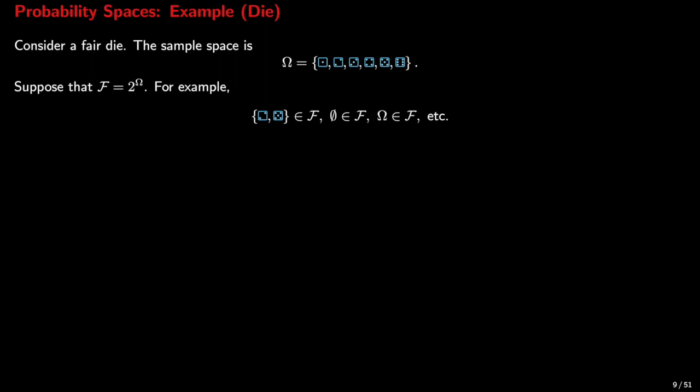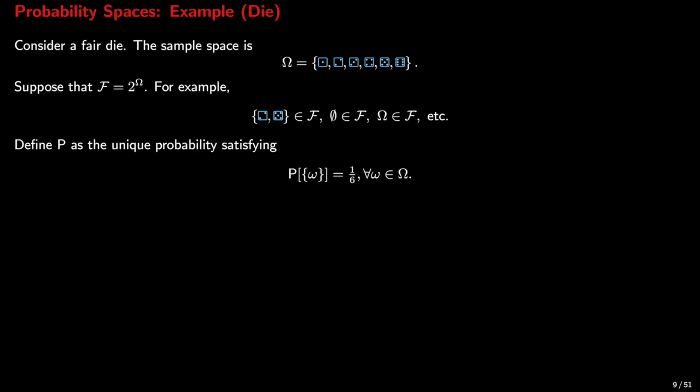{2, 5} is an event. It is meaningful to talk about the probability that we roll a die and it turns out to be either a 2 or a 5. The empty set always must be inside the sigma algebra, and omega is also in the sigma algebra, so it makes sense to talk about the probability that we roll a die and it turns out to be 1 or 2 or 3 or 4 or 5 or 6, and so on.